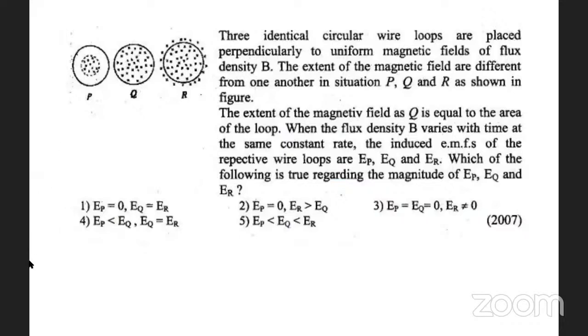Three identical circular wire loops are placed perpendicularly to uniform magnetic fields of flux density B. The extent of the magnetic fields are different from one another in situations P, Q, and R as shown in the figure.